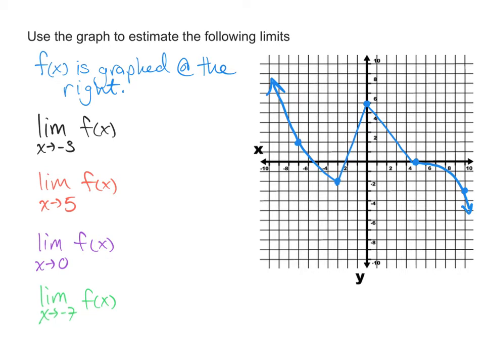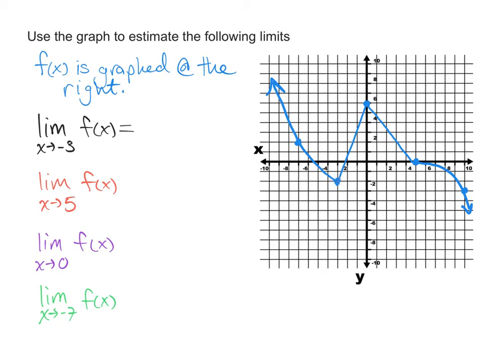Now as we read this first limit here, the limit as x approaches negative 3 of f of x, we are trying to figure out what this limit is equal to. So in reading this limit one more time, the limit as x approaches negative 3, we will look at the graph over here to find where x equals negative 3, and that's right here at this point.